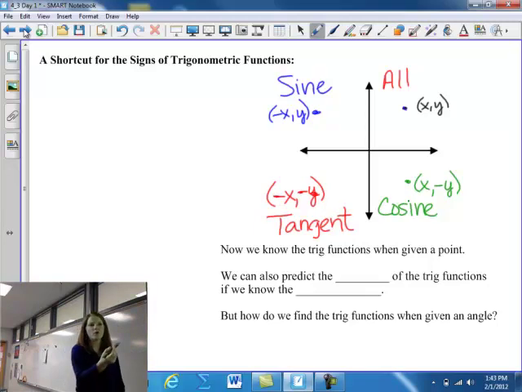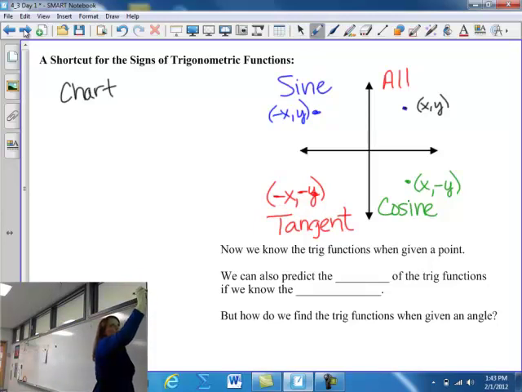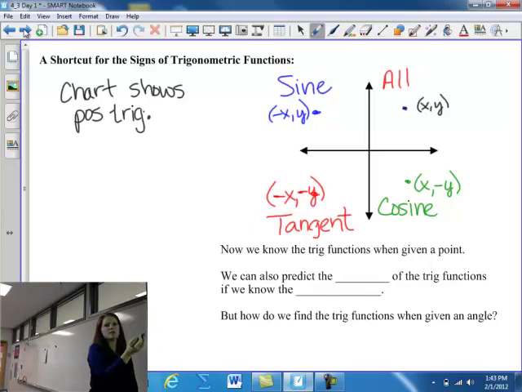Okay? So a shortcut to remember this, remember first of all, this chart only shows me where things are positive. So the chart shows positive trig values. That's important. If you memorize the chart, you don't know what it means, that doesn't help.